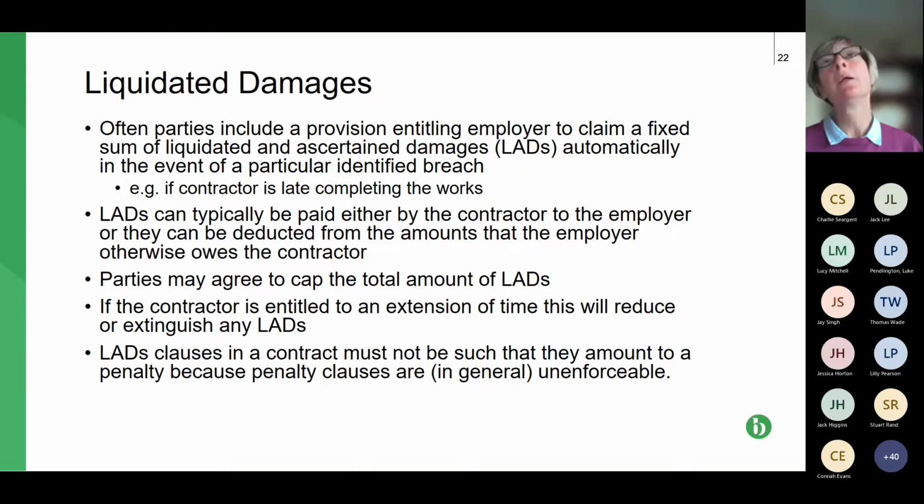Sometimes, for example under JCT, the employer or contract administrator has to give a notice of non-completion and notify that it's going to be deducting the liquidated damages. So don't get muddled about this. All liquidated damages for delay is doing is setting the damages that are paid in the event that the contractor is responsible for delay. Nothing more than that.